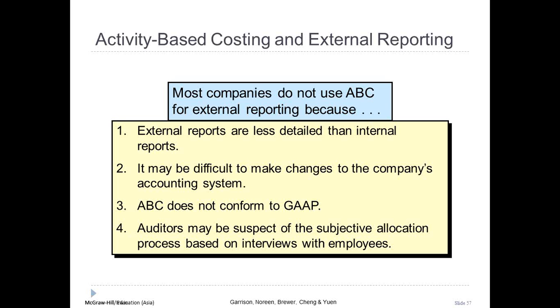It excludes some organization-sustaining manufacturing costs and some unused capacity costs, and it includes some non-manufacturing costs in its product cost calculations. These cost system design attributes do not comply with GAAP. Finally, auditors are likely to be uncomfortable with cost allocations that are based upon interviews with the company's personnel. This type of subjective data can be easily manipulated by management.